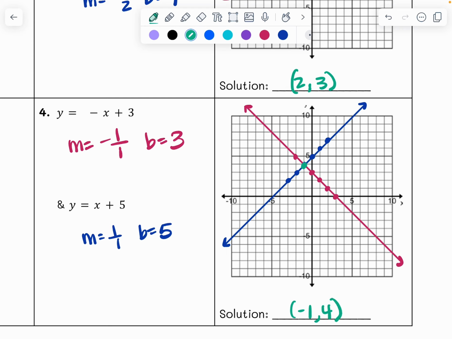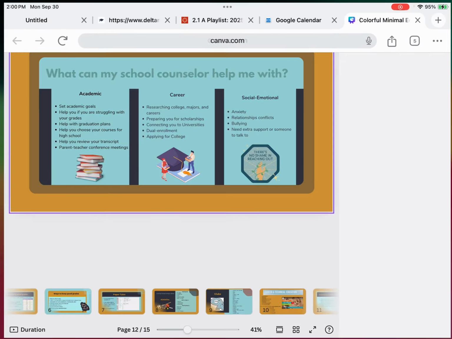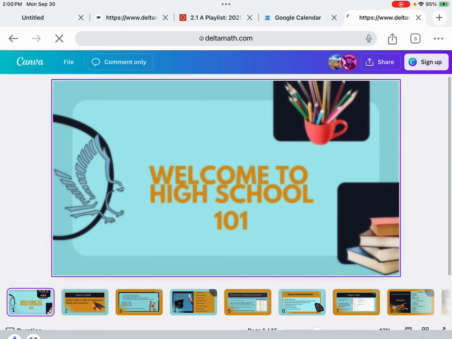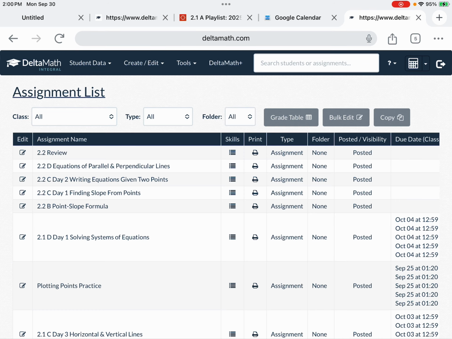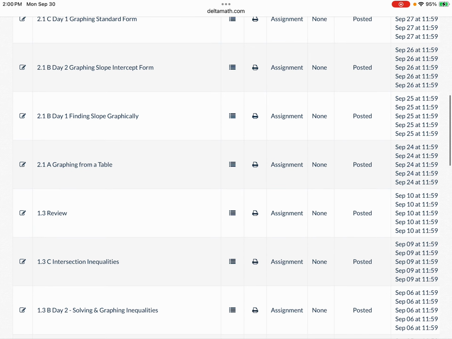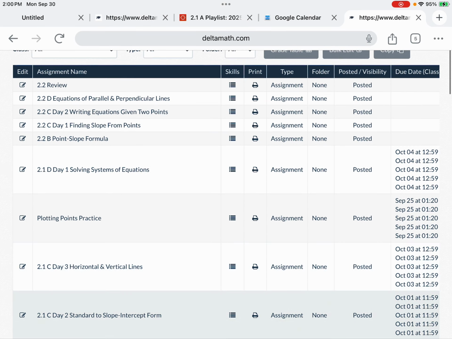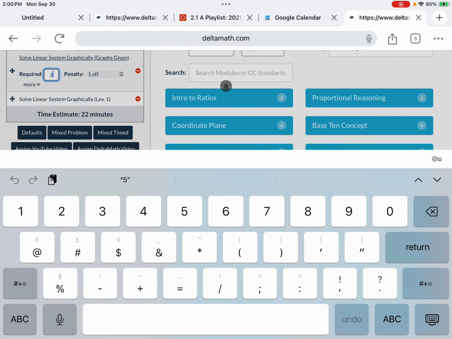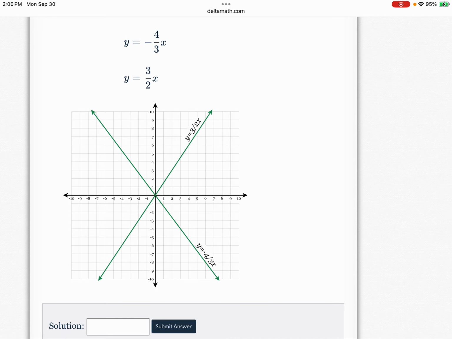So let me show you the problems that you'll be doing on your Delta Math assignment. Okay, so on the first set of problems, you're just going to identify the solution.